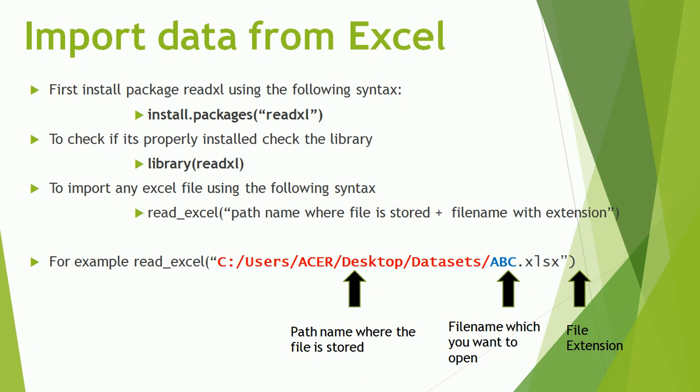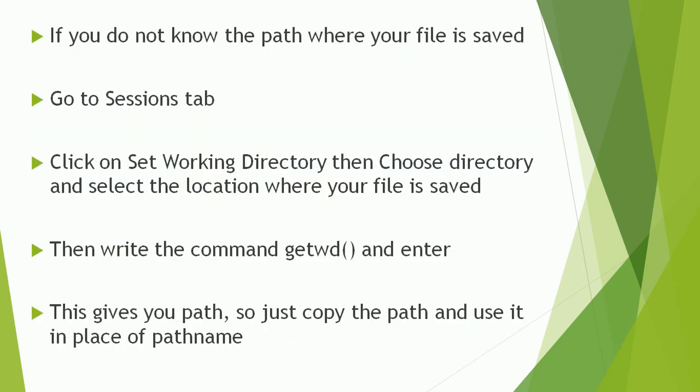Now the question that remains is, from where will you get the path name, right? In this case, wherever your file is stored, we try to set that as our working directory. R already has its own default working directory. If you don't want your files to be saved there, but want to pick from a location of your own choice, you can go ahead and set your own working directory.